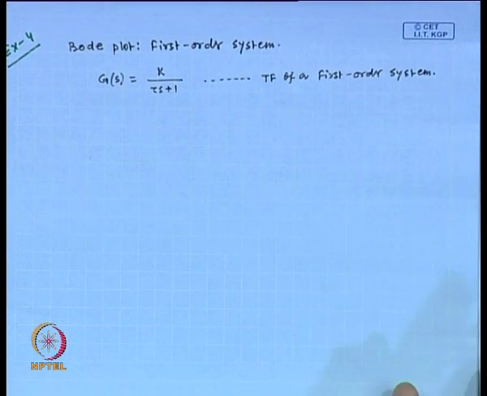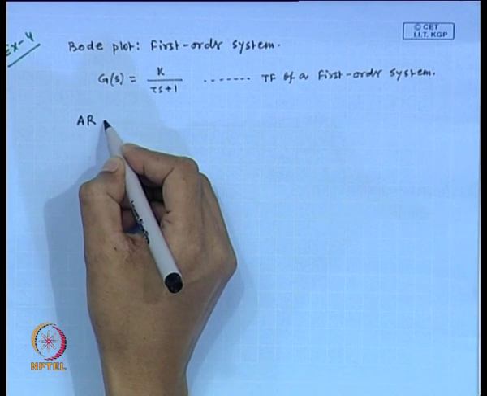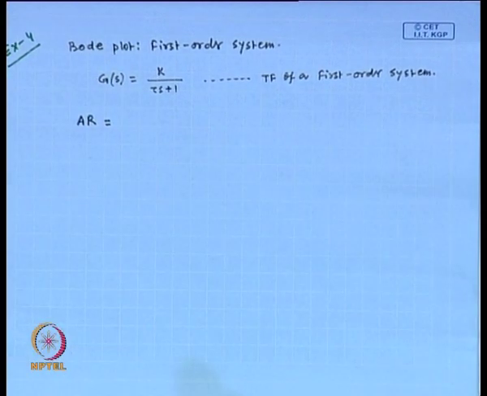Fine. And in the last class, we obtained the expressions for amplitude ratio and phi for this first order system.